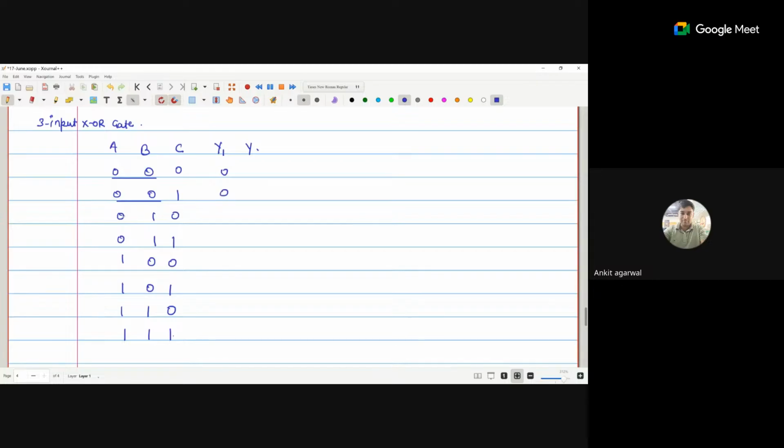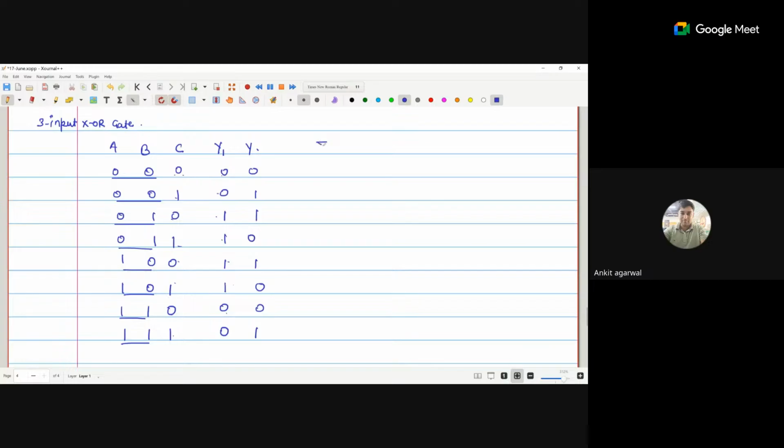XORing 0 and 0 gives 0, and 0 XOR 1 gives 1, then 1, 1, 1, 1, 0, 0. Now Y1 will be XORed with C. So 0, 1, 1, 0, 1, 0, 0, 1. Okay.